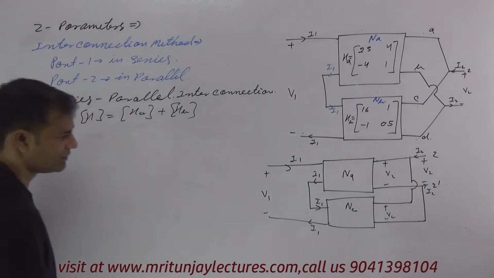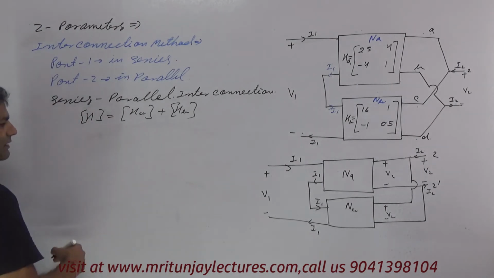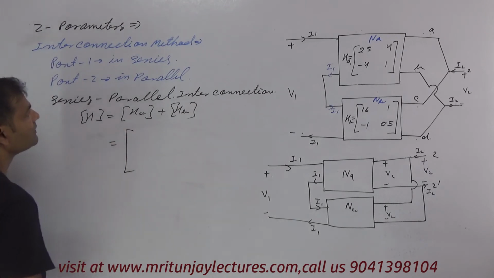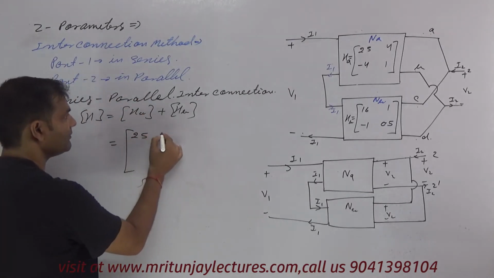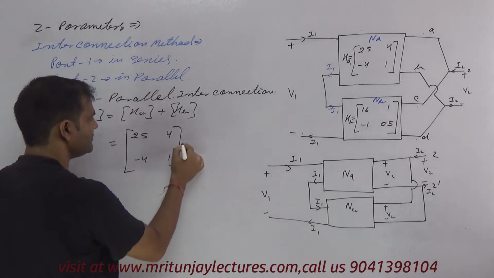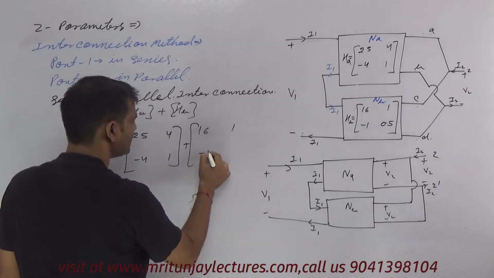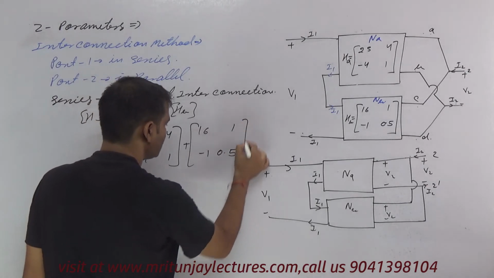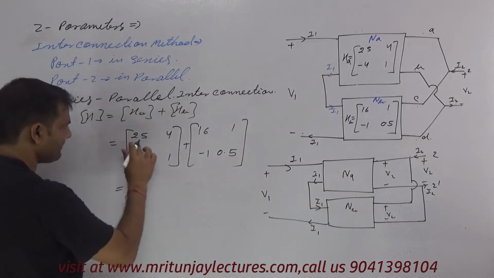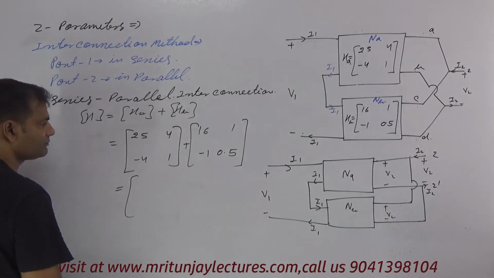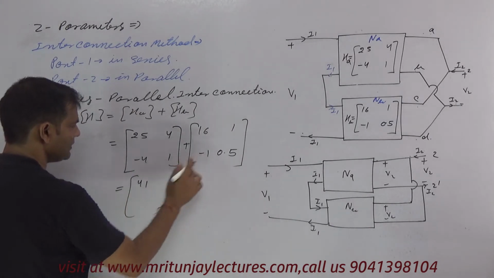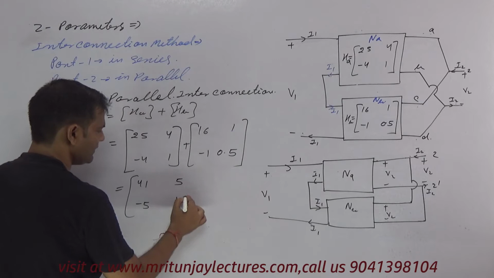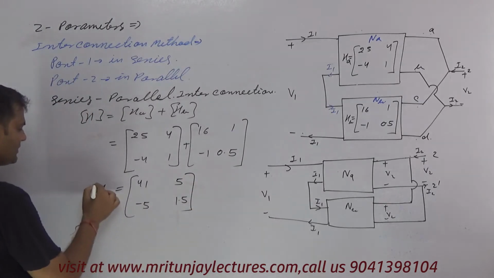You can utilize the direct formula: HA is [25, 4; minus 4, 1] and HB is [16, 1; minus 1, 0.5]. So finally it is [41, 5; minus 5, 1.5]. That is the H parameter.